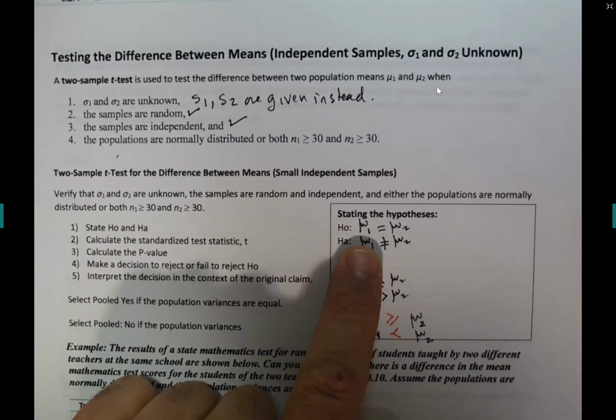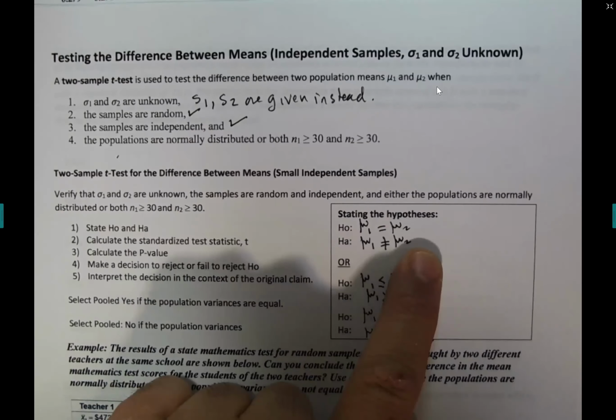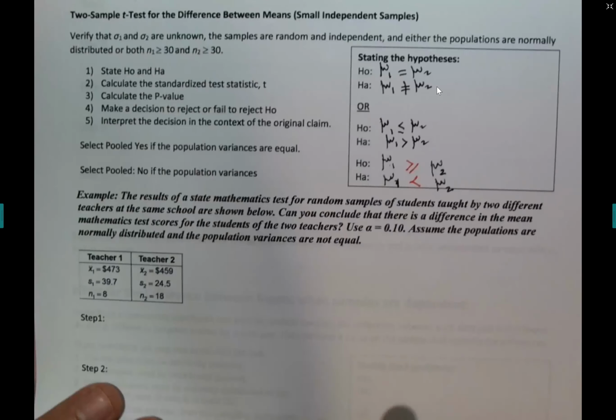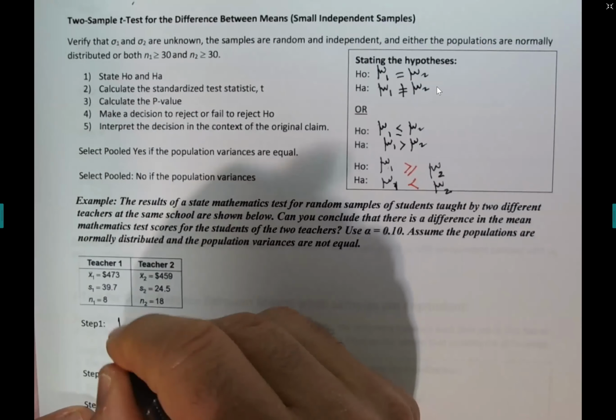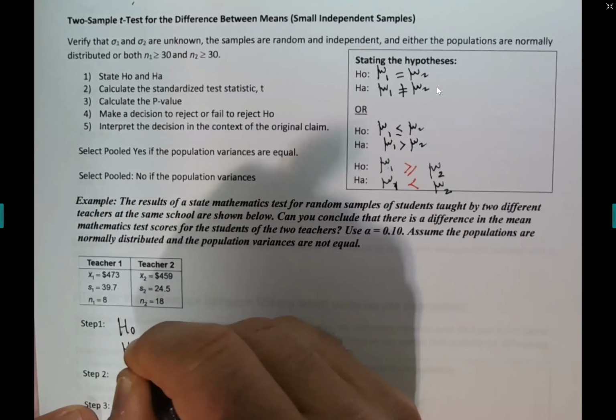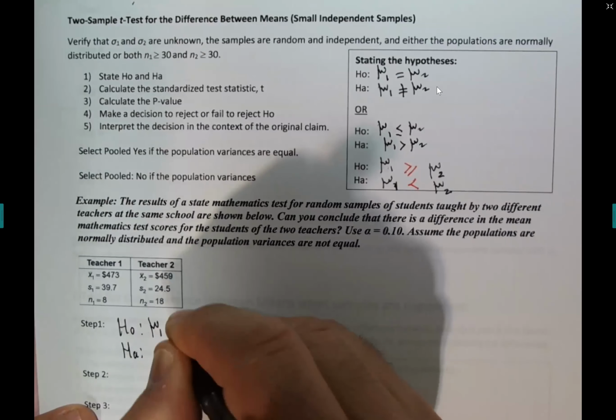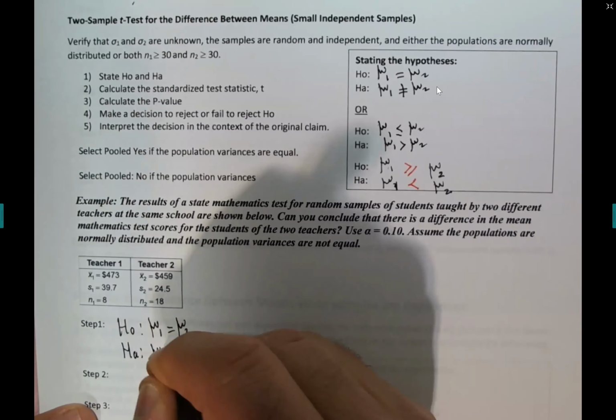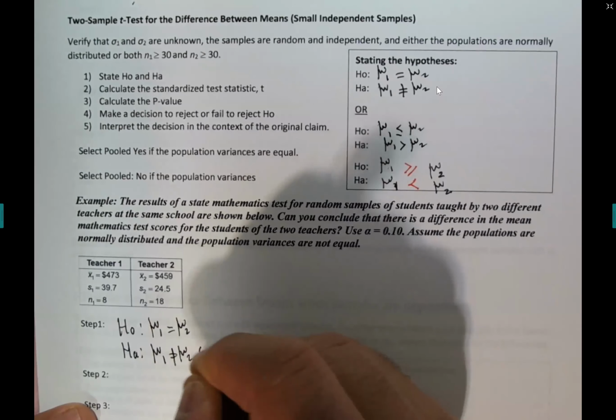Would you guys agree with me that it's going to be number 1, difference, right here? So it will be H0: mu1 equals mu2, HA: mu1 not equal to mu2, and that's the claim.